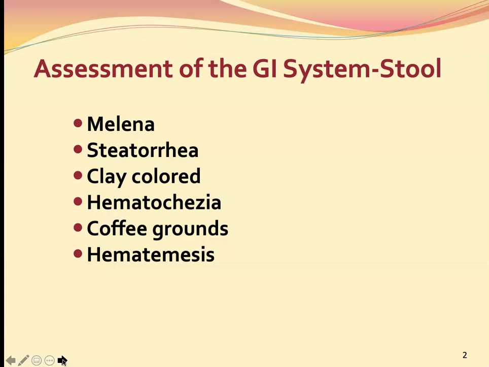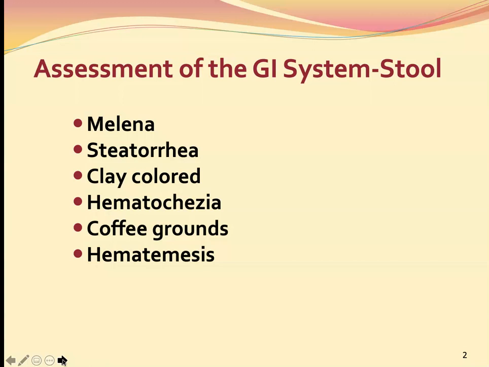And then coffee grounds, this is referring to the color of the patient's emesis. Whenever they're having coffee ground vomit, it might be possible that there's a slow bleed, and the blood is sitting in there for a while, so when they throw up, it appears like coffee ground.